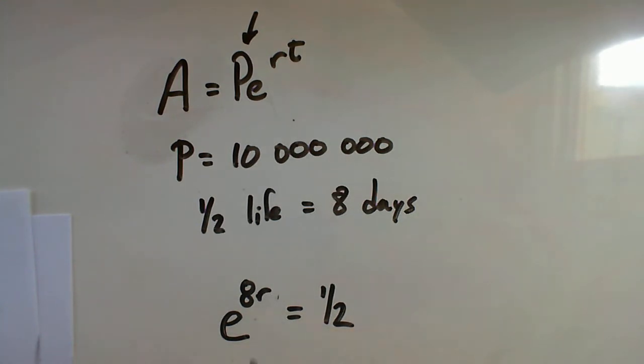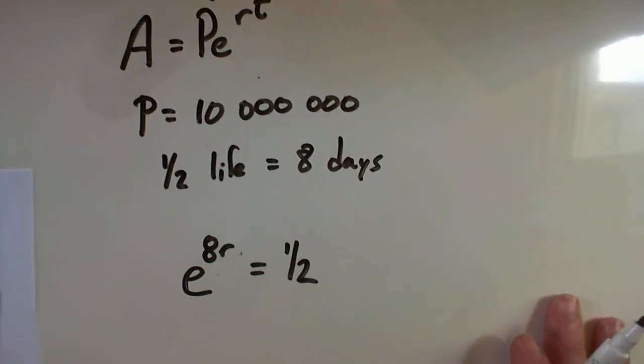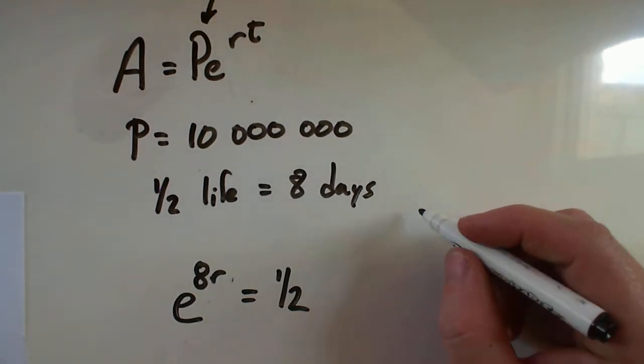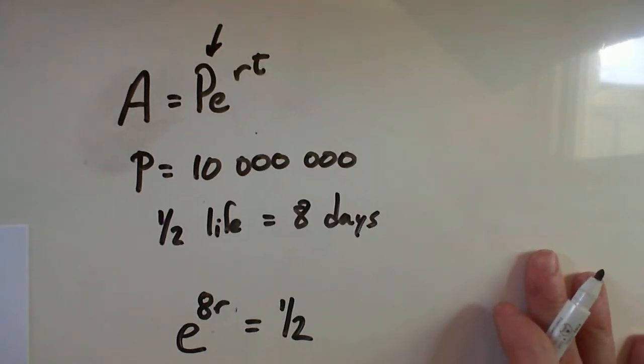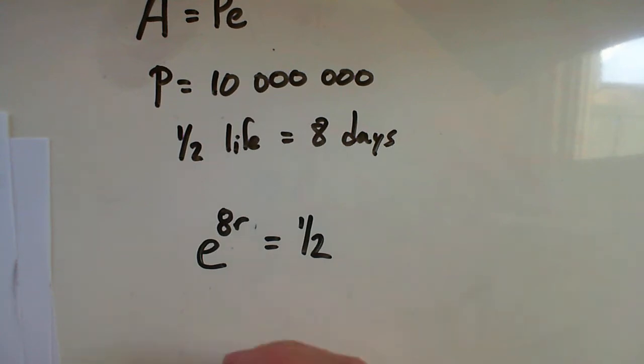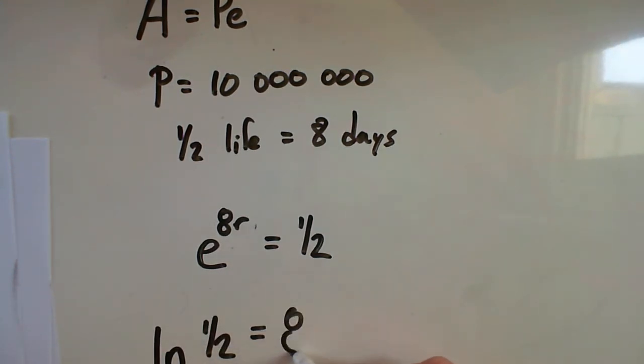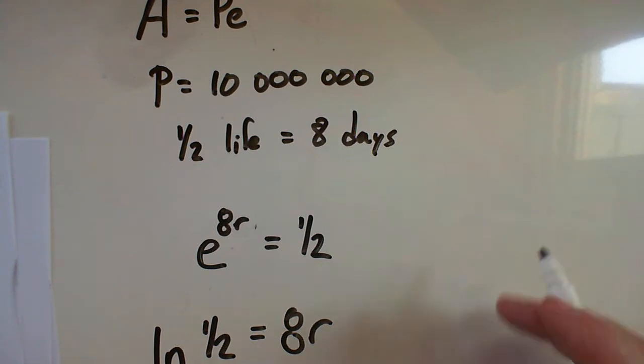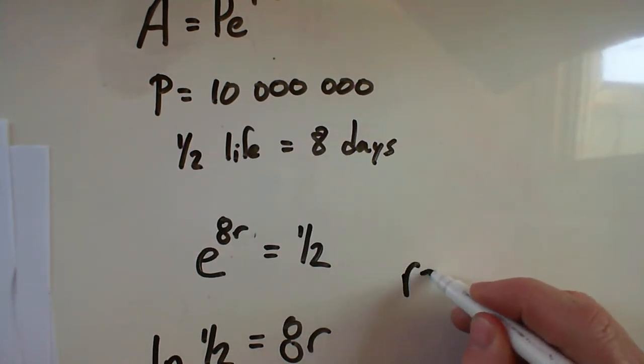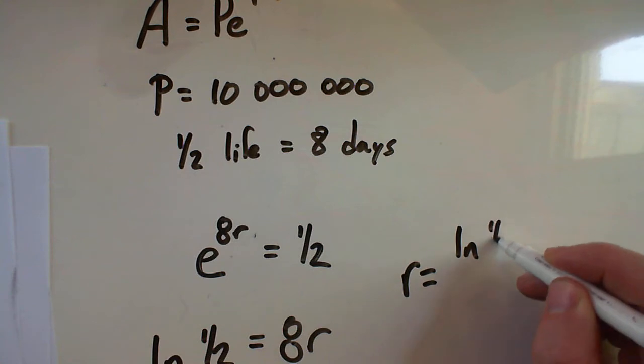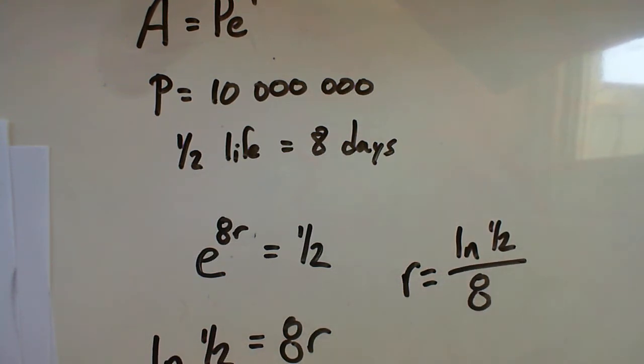So now what we've got to do is figure out what that R value is. What is the rate? So we take the natural log of both sides, or you change your form. The natural log of 1/2 equals 8R. So R equals the natural log of 1/2 divided by 8.